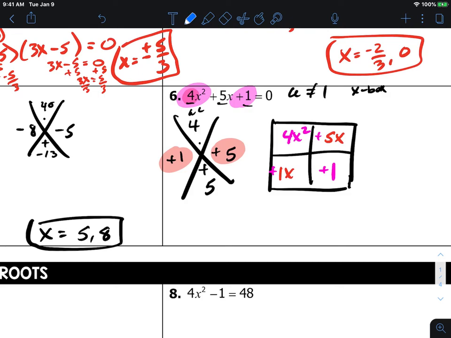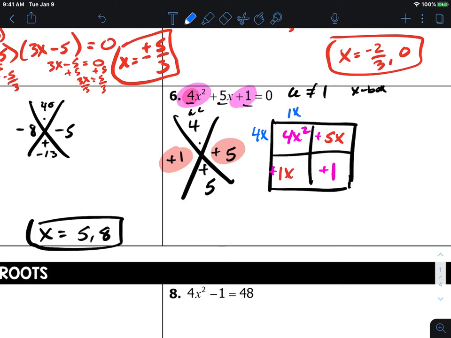So first off, how can we create a 4x squared? Well, we can multiply by a 4 and a 1 or a 2 and a 2. I do notice though that we have a 1x there. So I'm really thinking that somehow this has got to be a 1x, and maybe a 4x.